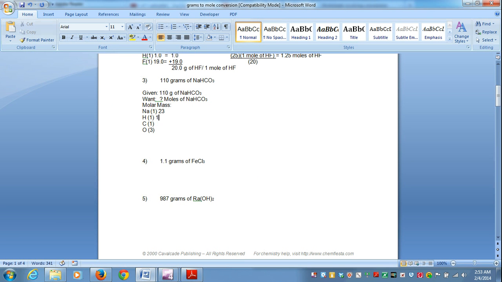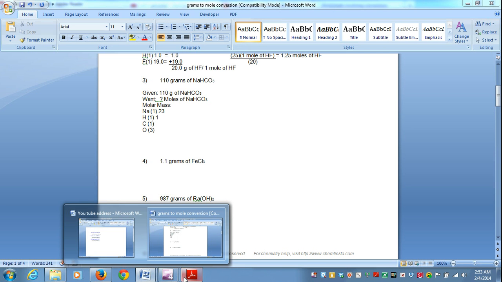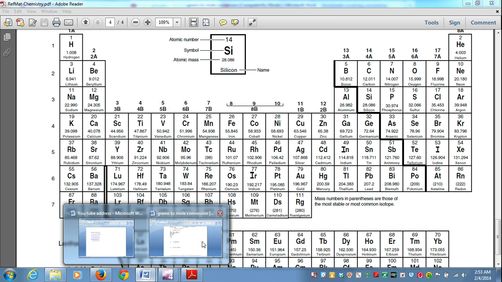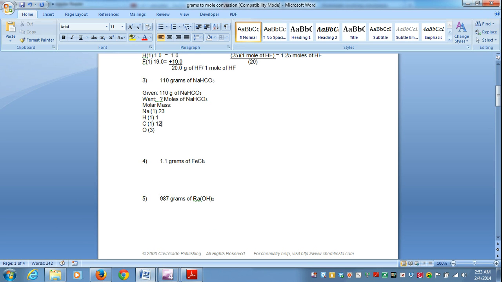And the molar mass of carbon says 12.011, and we're going to round it off to 12. And then for oxygen, we have done this one before, and we're going to round it off to 16.